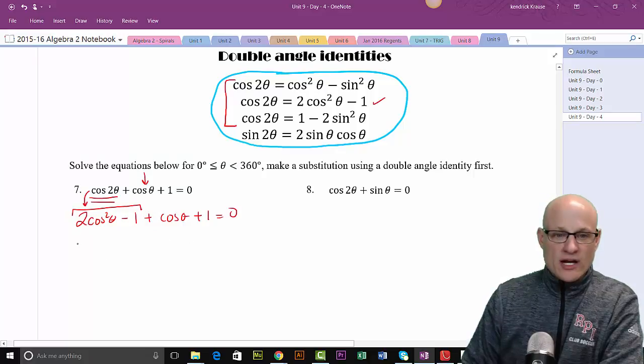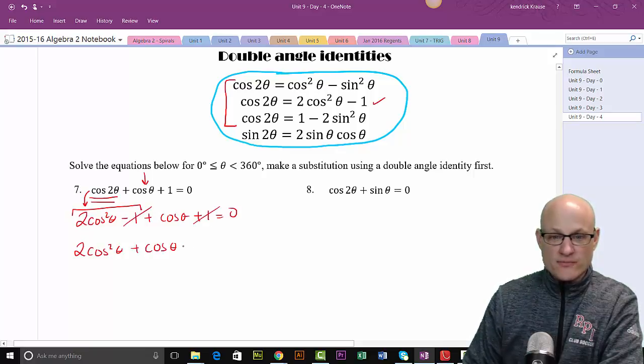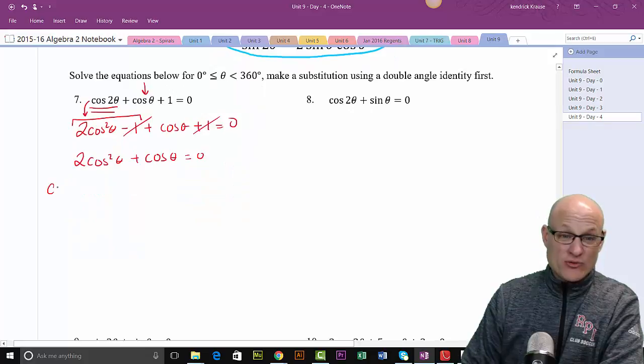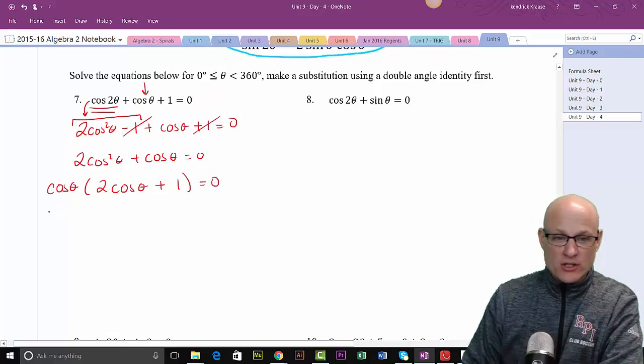Okay, so now I got 2 cosine squared theta plus cosine theta, because these cancel. Well, if I remember correctly, there's a GCF, so we can take out cosine theta. And I'm left with 2 cosine theta plus 1 equals 0. And now I'm ready to work.